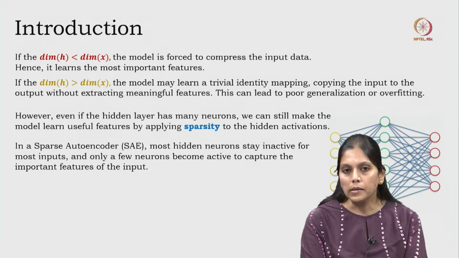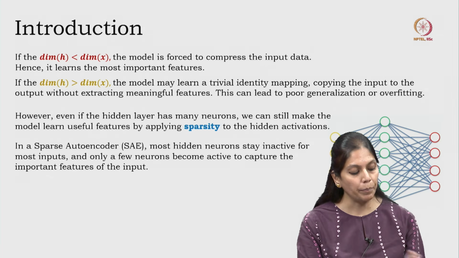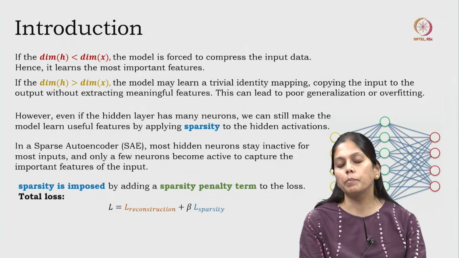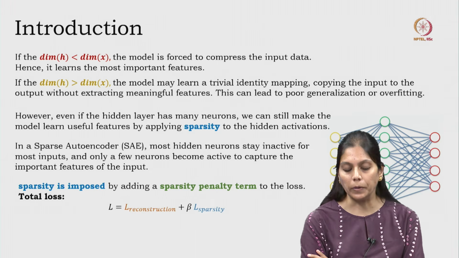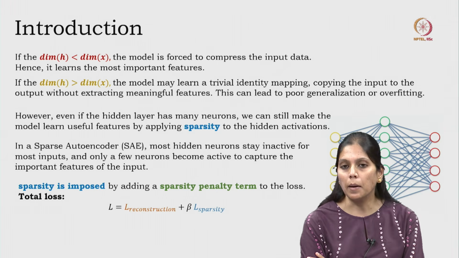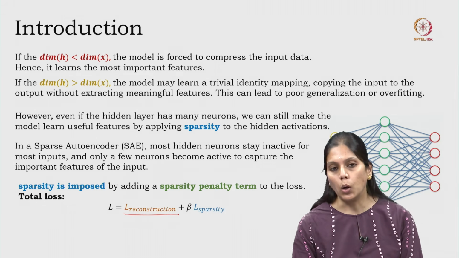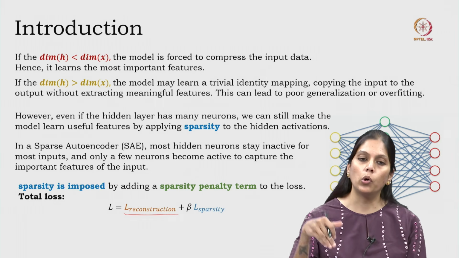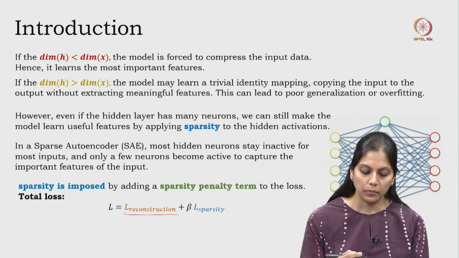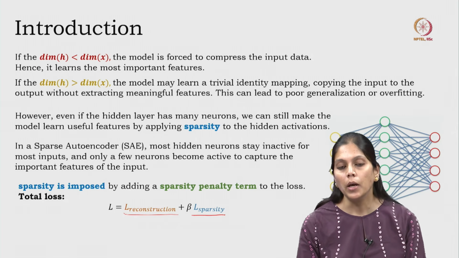The whole concept here is that you should add that sparsity. How? You add it by adding a sparsity penalty to the loss function. So far, in a plain autoencoder, you had only the reconstruction loss term. Now to that reconstruction loss term, you add one more additional term, which is the sparsity penalty.